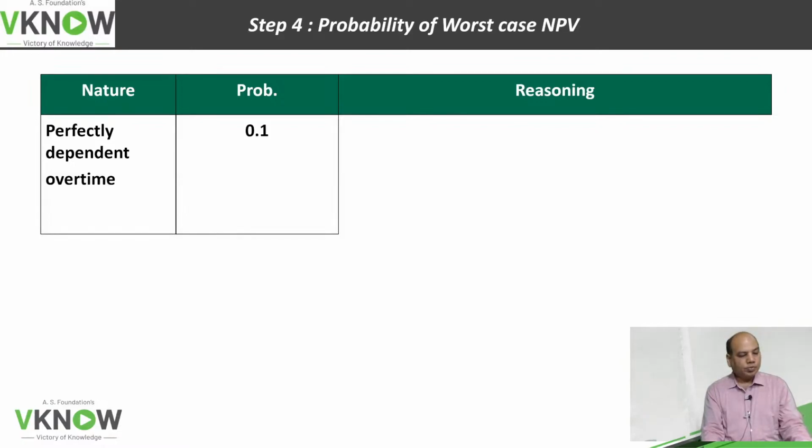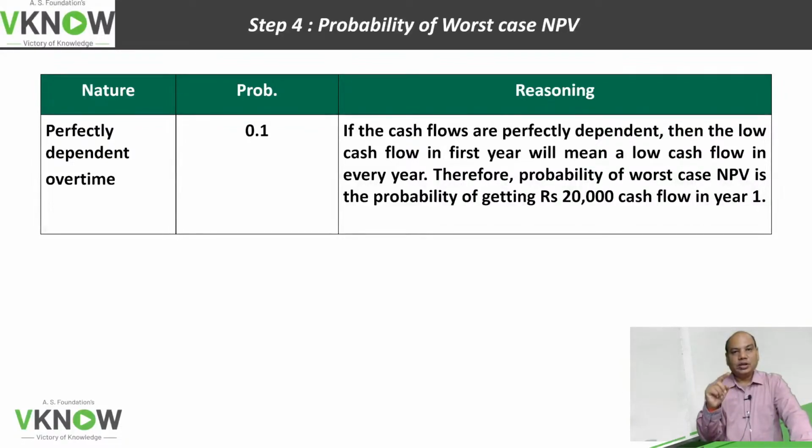Under that write down probability is 0.1. Because if they are perfectly correlated over time, then whatever cash flow you'll get in the first year, you'll get the same cash flow in the remaining years.